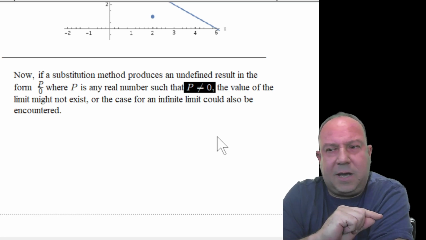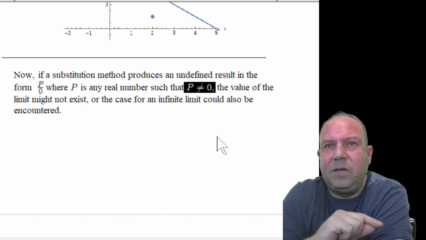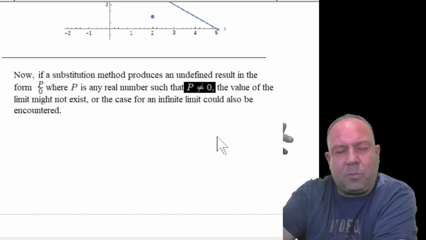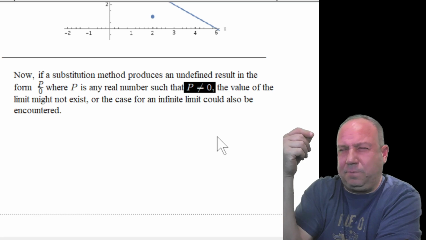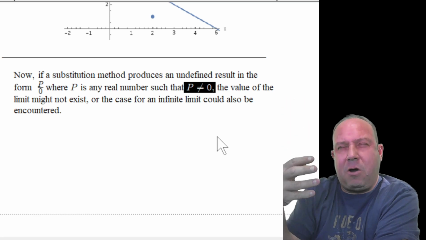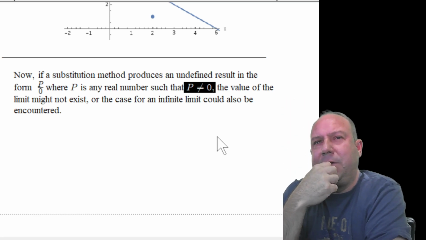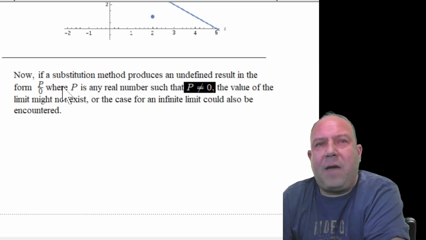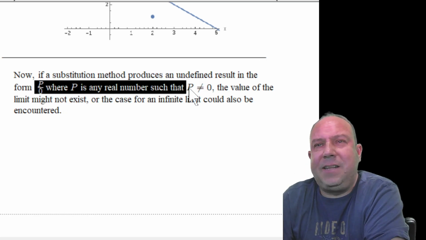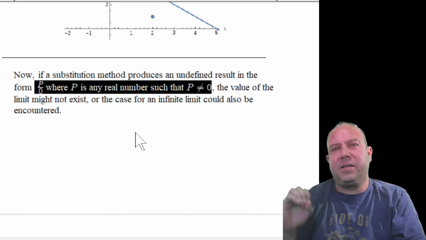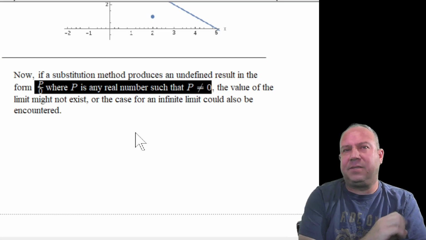The only time you have an undefined result is when you have a real number in the numerator that is not 0, and you have 0 in the denominator. When you have this form, very specifically stated with these conditions, this is when an undefined result happens.